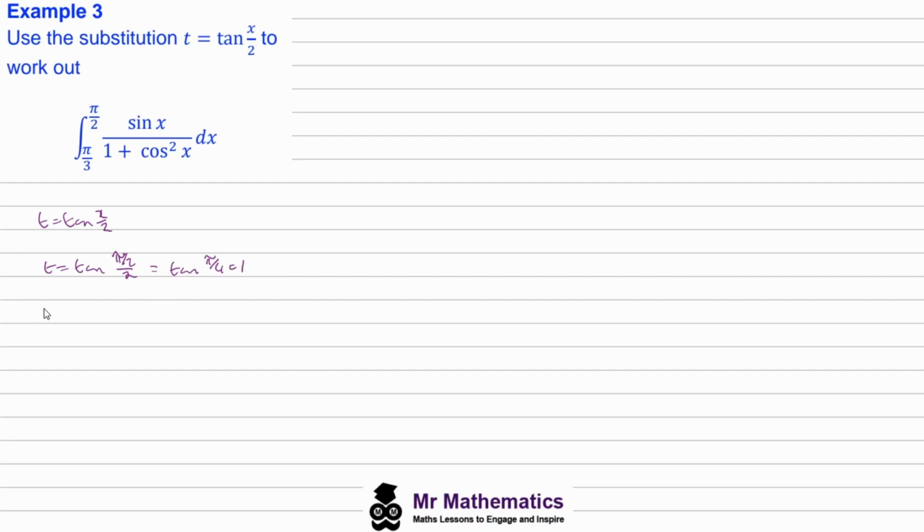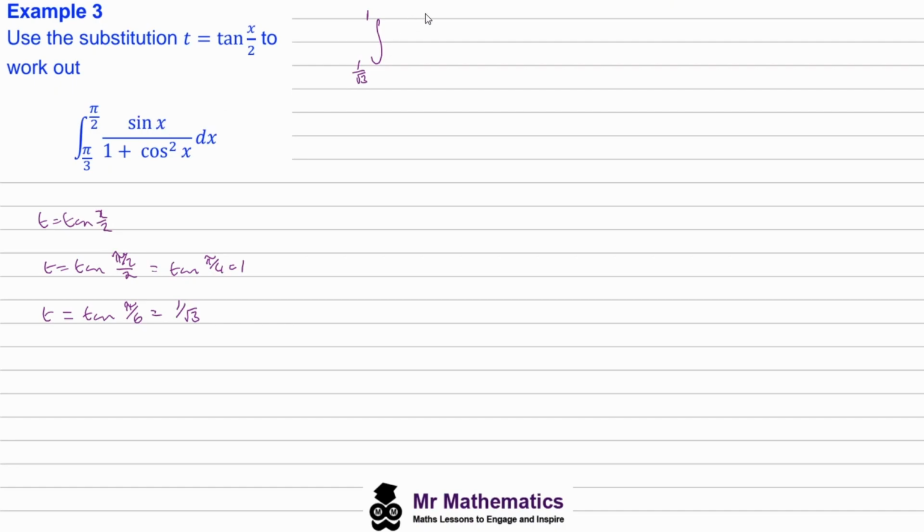And then we have x is pi over 3, so t is the tan of pi over 3 divided by 2. So this is pi over 6, and this gives us 1 over root 3. So now we have our limits in terms of t. We'll have the 1, which is a greater value, on the top, and 1 over root 3 on the bottom.